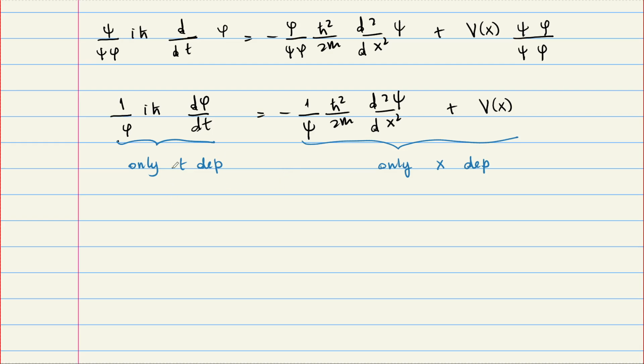And the reasonable thing is to call this constant E, which will turn out to be energy in a little bit. And now we have two equations.